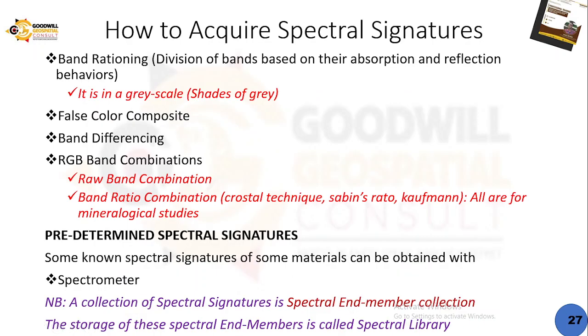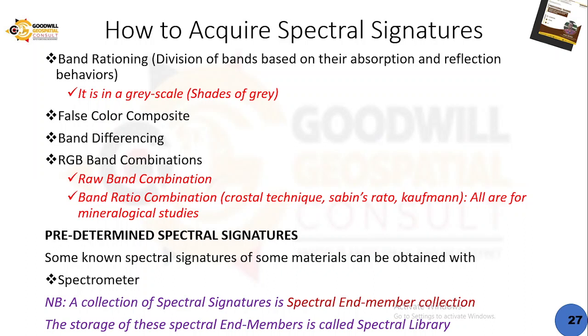How do we acquire spectral signatures? We can acquire spectral signatures using these approaches. The band ratioing, that's the division of bands based on their absorption and reflection behaviors. This principally generates a grayscale, or shades of gray, resultant image.